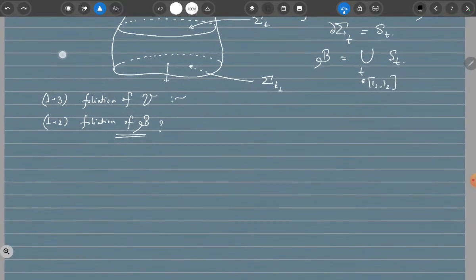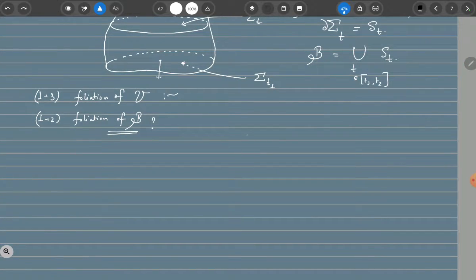Okay, so let us recapitulate a little bit, in the sense that we talk about the 1 plus 3 foliation of V. That is, the space-time volume V is foliated by these stacks of hypersurfaces sigma T, and these are our generic hypersurfaces sigma T. So let this be sigma T, let this be sigma T prime, for example. And how did we foliate that?